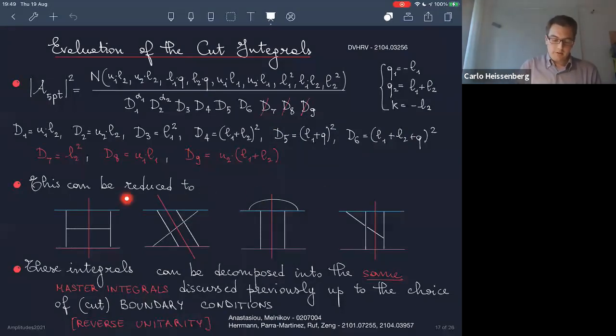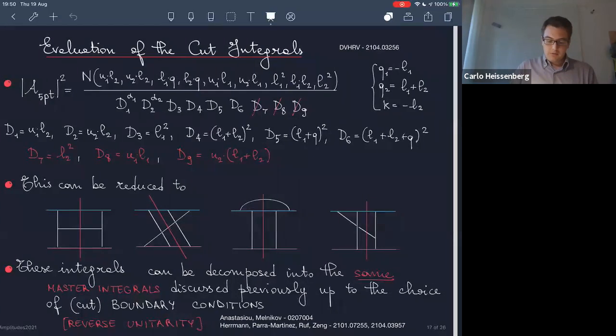In this fashion, one can reduce the calculation to this type of cut topologies here. And at the very end, these topologies can be expanded in the same master integrals as discussed also by Mao yesterday, the same master integrals as the full soft calculation up to a suitable change of boundary condition. And this is really the very useful strategy of reverse unitarity that allows you to calculate these, in principle, rather complicated phase space integrals by ordinary differential equation tools.